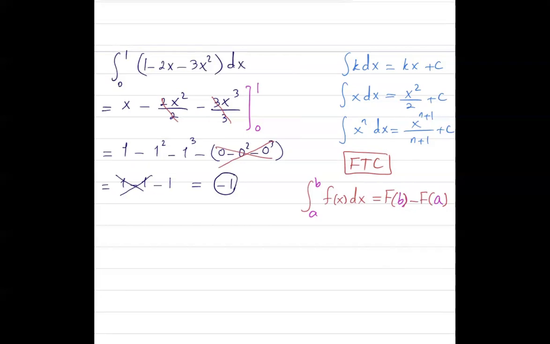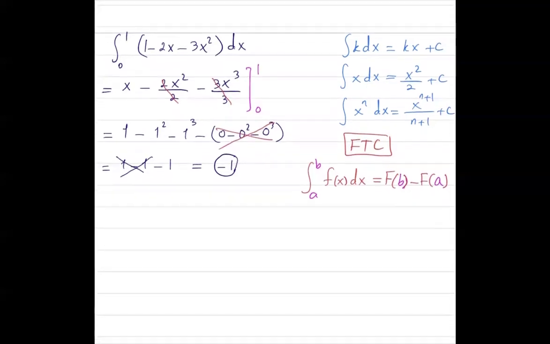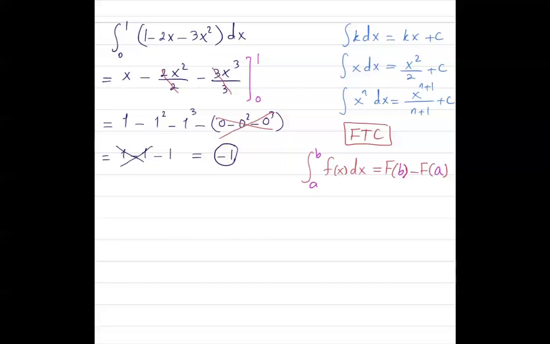Now suppose you have the following integral. We have the integral from 1 to 2 of 5x squared minus 4x plus 3 dx.